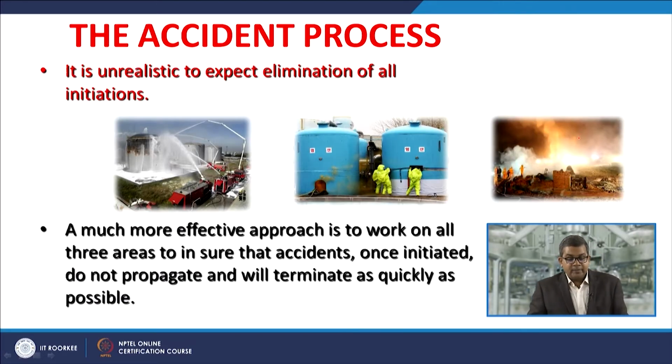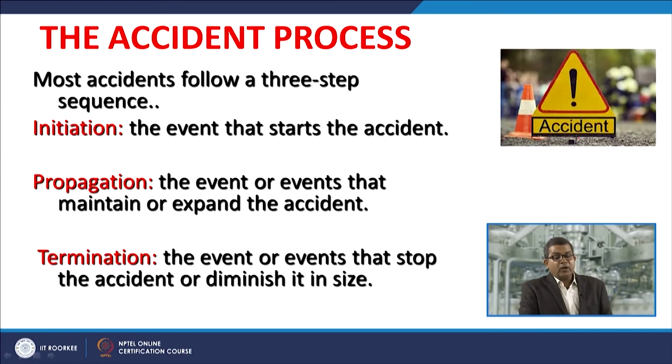So in this accidental process, you must be in a position to diminish initiation, diminish propagation, and promote termination, because in case of any initiation, you have to kill it as quickly as possible.